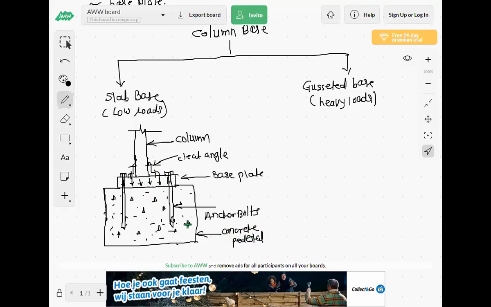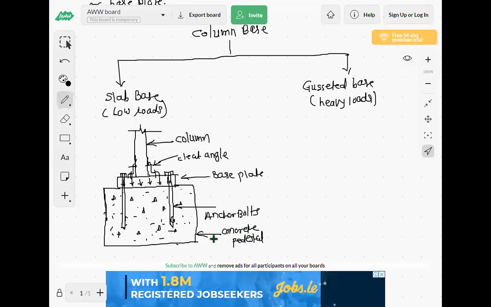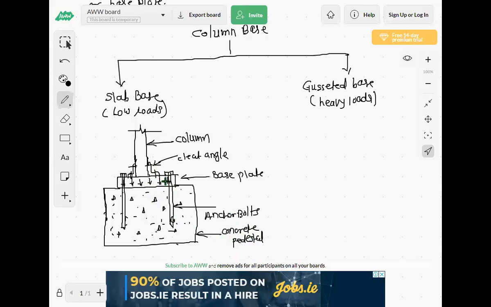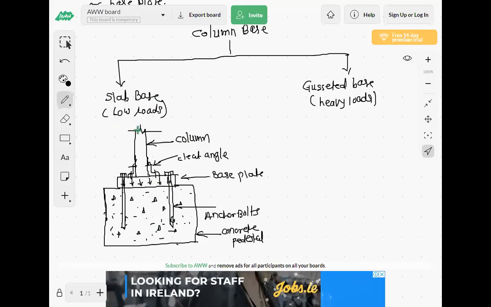The plate is resting on the concrete pedestal, and the plate and concrete are connected with anchor bolts. There are four corners for this plate, and at each corner an anchor bolt is provided like this. So this is what we call a slab base.